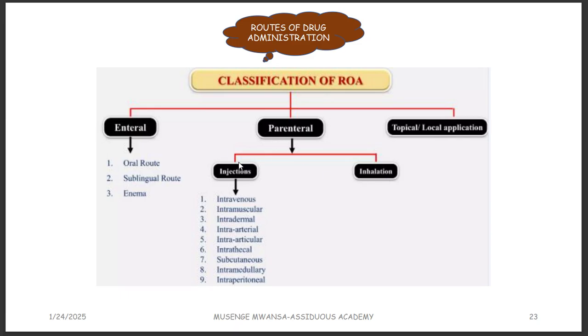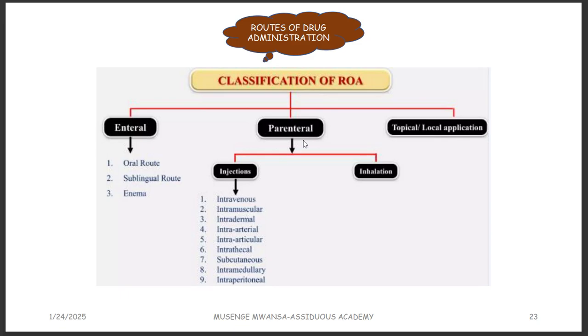In injection, you can inject a drug in the vein, IV, or in the muscle, intramuscularly, or in the dermis, intradermal, or intra-arterial, or intra-articular in the joint, or intrathecal. This is, for example, when you're performing a lumbar puncture and injecting a drug there. Then subcutaneous, intramedullary, intraperitoneal.